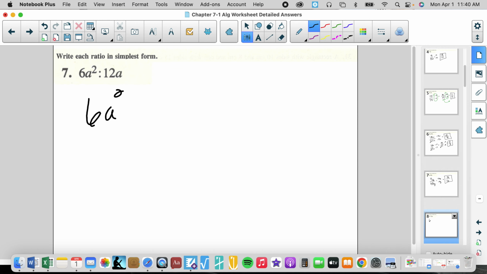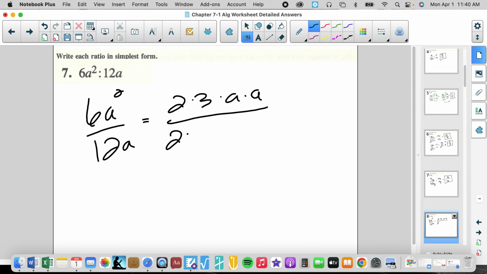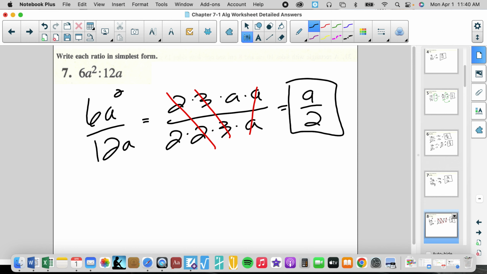6a squared over 12a. I didn't show you the other way. Oh, I forgot this technique. We could also break it into its prime factors, and then you can cancel. The a's cancel, the 3's cancel, the 2's cancel, and you're left with a over 2. Not the best way. That's not the most efficient way.